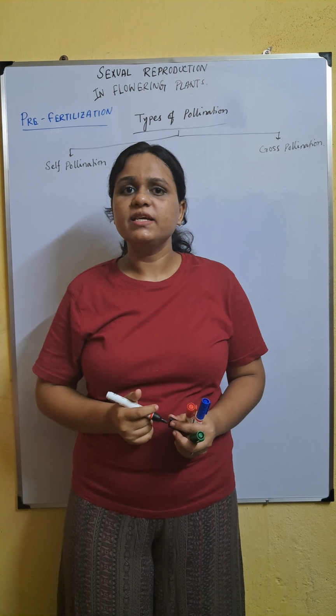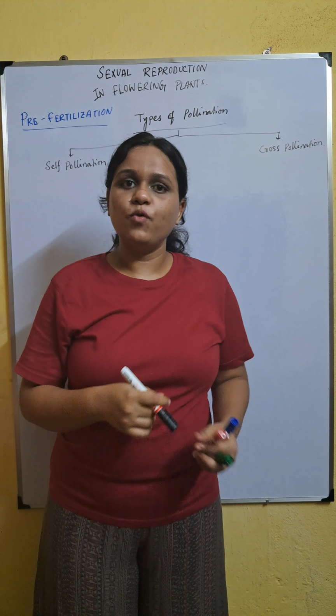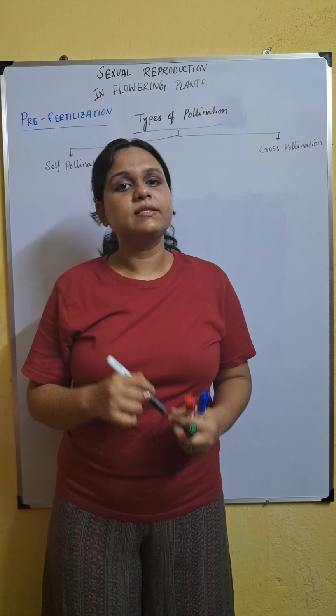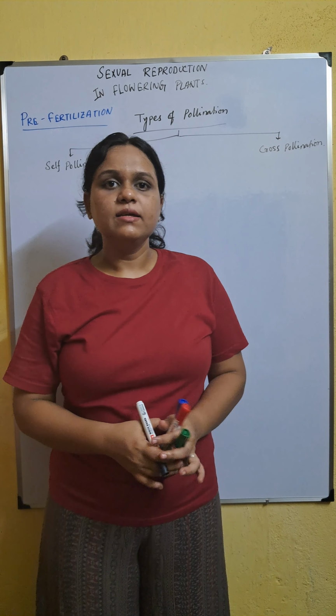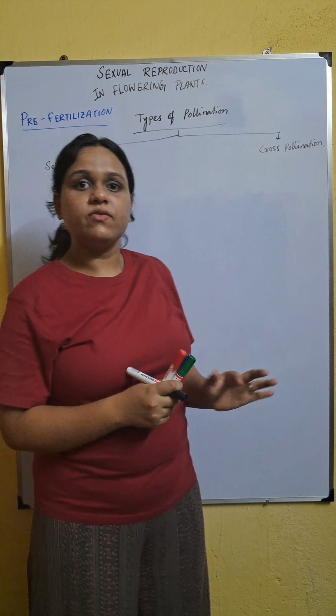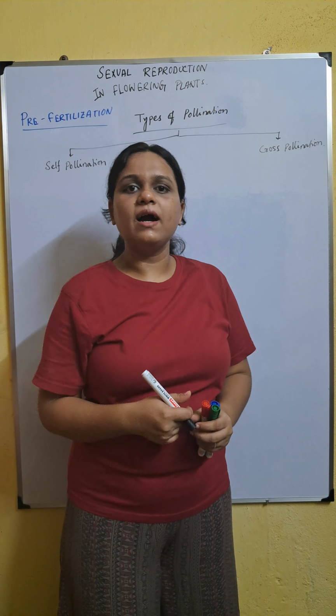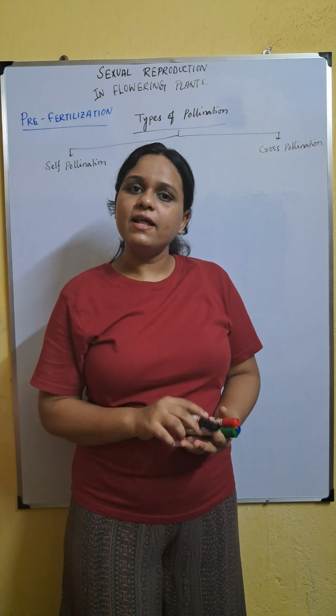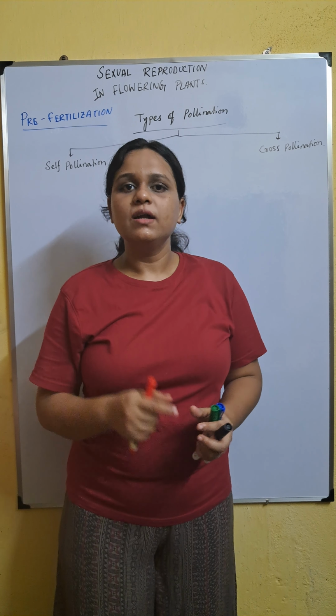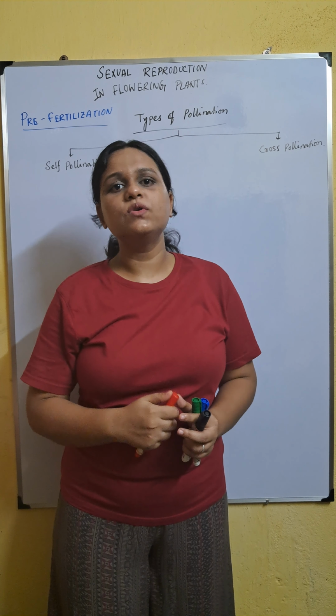Self-pollination is a process in which the transfer of pollen grains occurs in the same plant, and in cross-pollination, the transfer of pollen grains occurs in different plants. Self-pollination is also differentiated into two types.